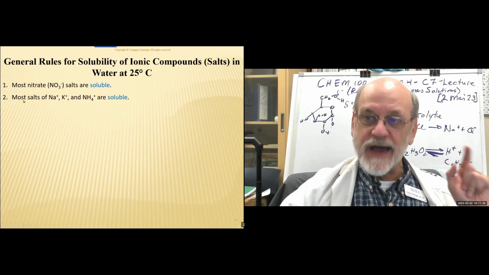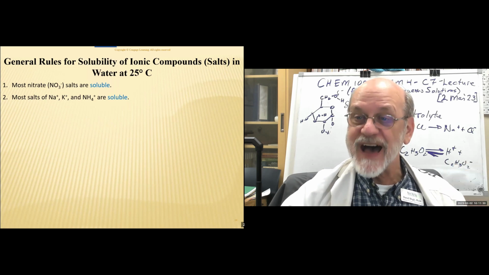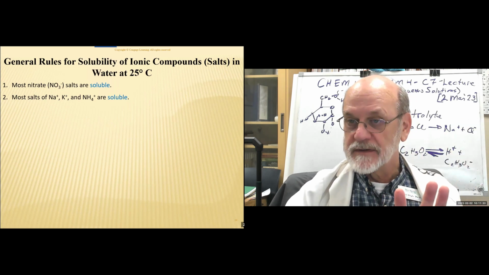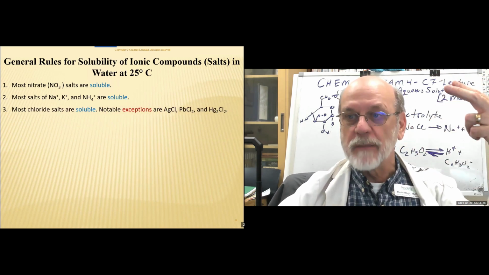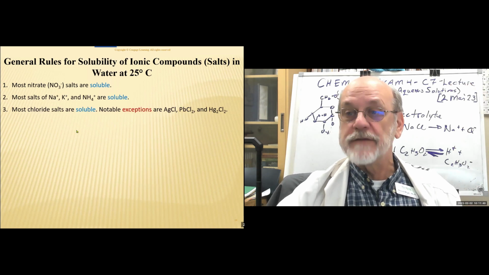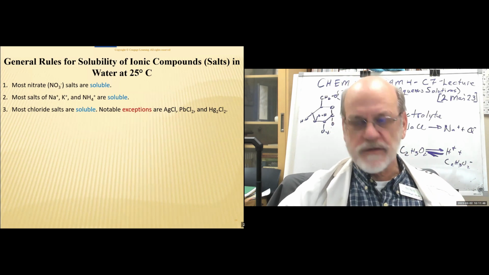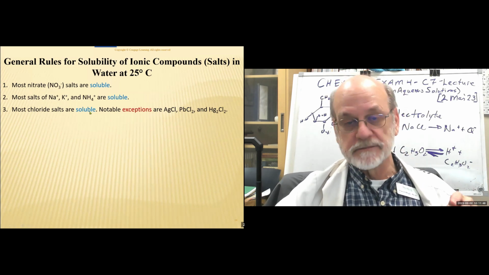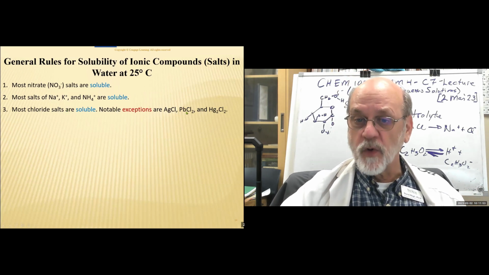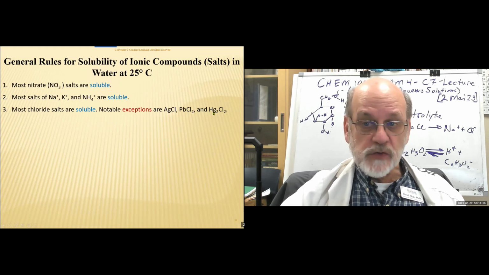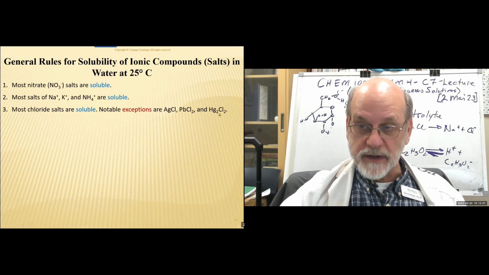If you find yourself in a situation where you've got rule number 2, say, and rule number 5, both of them apply, the one that takes precedence is the one above, the smaller numbered one. If you use the rules. If you use the chart, then you don't need the rules. All chloride salts are soluble except for silver chloride, lead 2 chloride, and mercury 1 chloride.